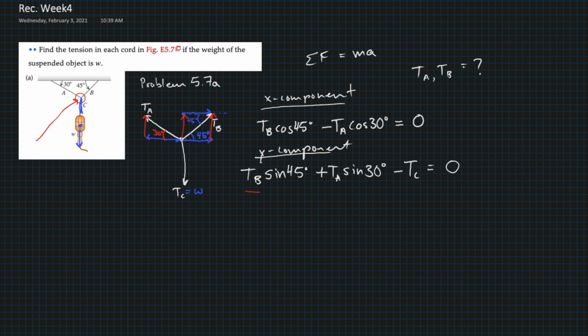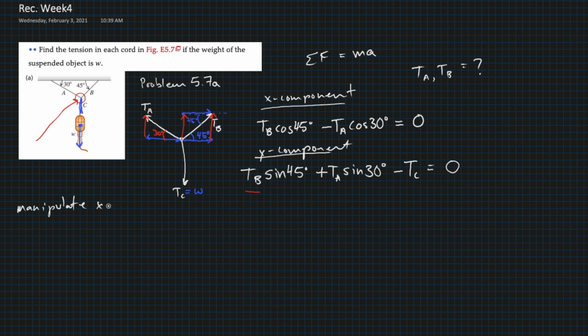So to start solving this system of equations, with 2 equations and 2 unknowns, the way I'm going to start is I'm going to take my x component equation and manipulate it a little bit.